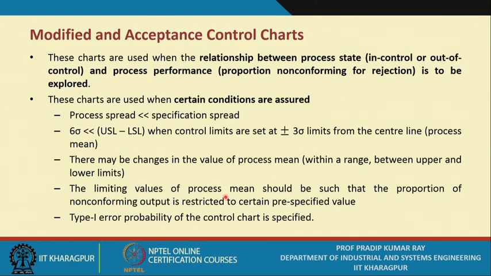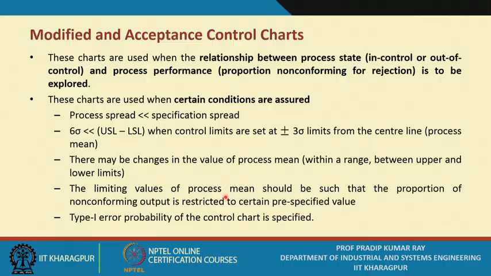Whenever you assume that the central line is not horizontal to the x-axis, due to tool wear or die wear, which is a very common phenomenon in manufacturing situations, obviously you have to use the regression control chart or the trend control chart. Is it clear? I will set the numerical problems later on.